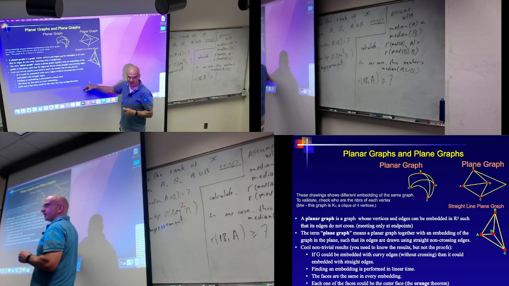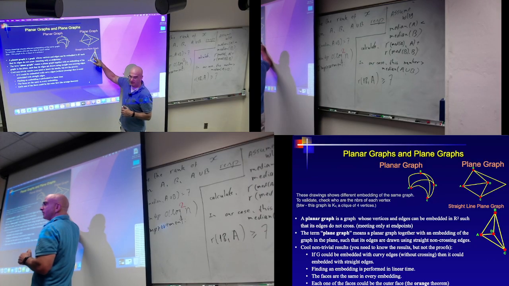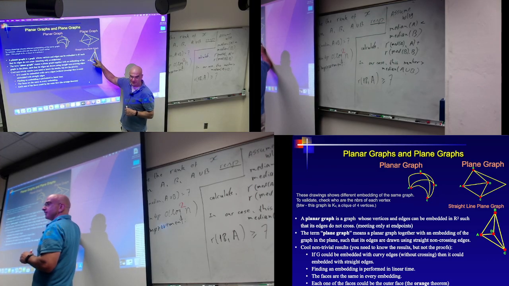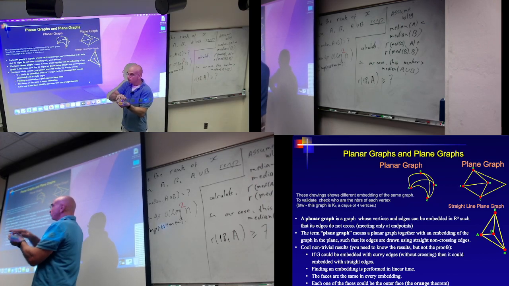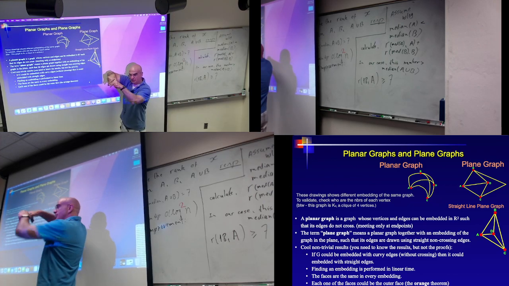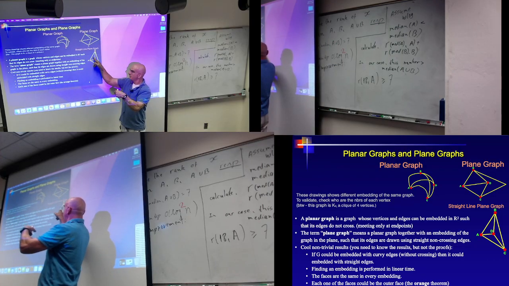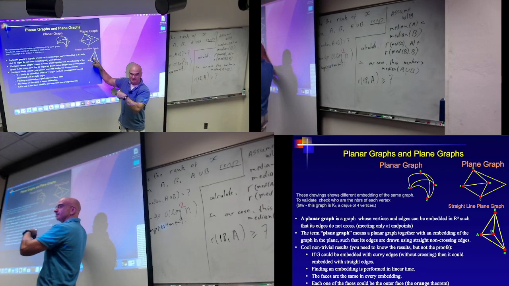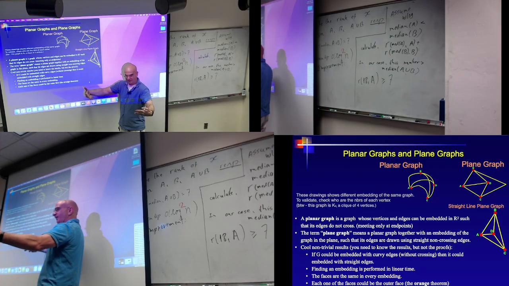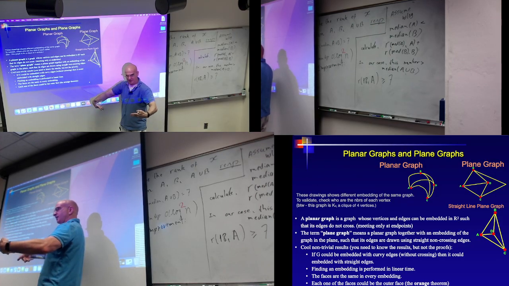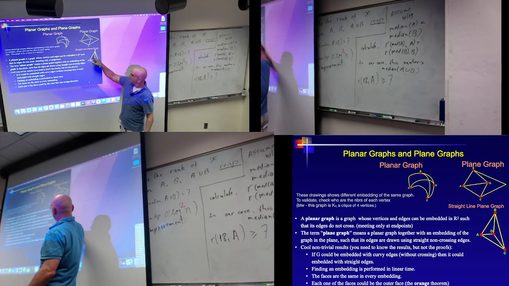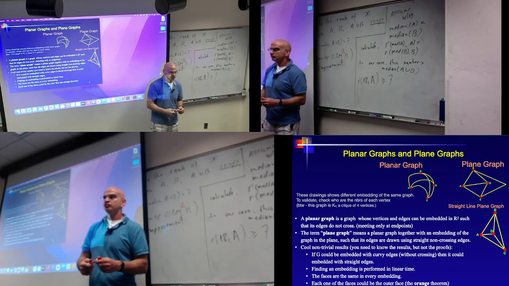And you can ask, can I render this graph when this face is the outer face? And yes, and you need an orange for it. What you're doing is you are taking this graph and drawing it on an orange. And then you're peeling the orange, but the point that you start peeling is inside this face. So when you finish flattening the skin of the orange, it will turn out that this was the outer face.